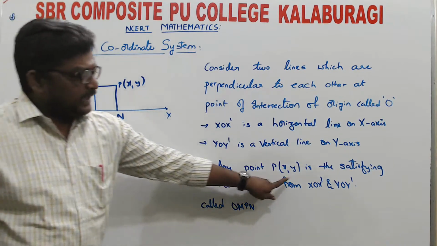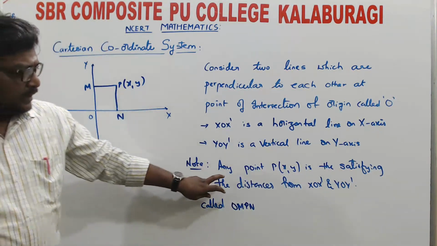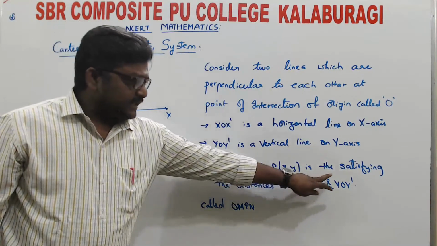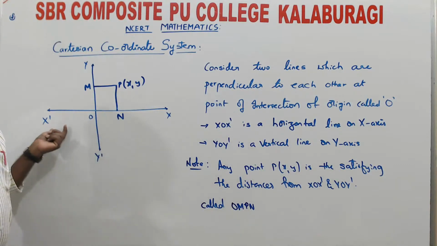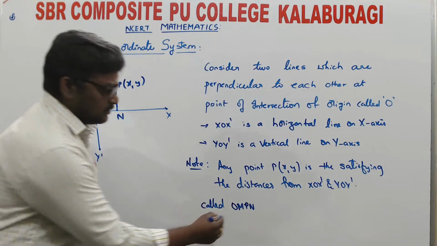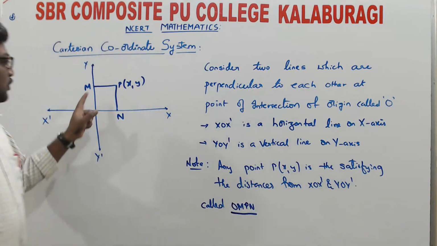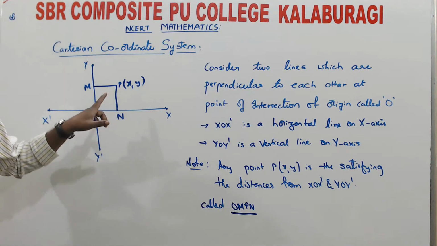Therefore, any point P(x, y), for example I have taken in the first quadrant, is satisfying the distances from XOX' to YOY'. We have taken it as OMPN, the rectangular Cartesian coordinate system.